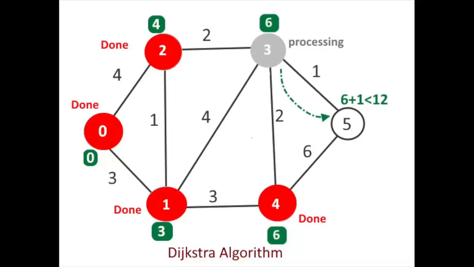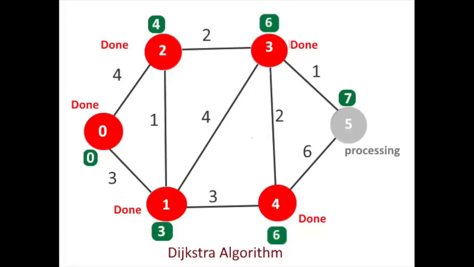So in this case, we will update the weight of this node. Our final distance to this node is 7 and the path is, we will put 3 into the final state. So our final path is 0, 1, 2, 3 and 2, 5. So this is the final answer and we will process this node.